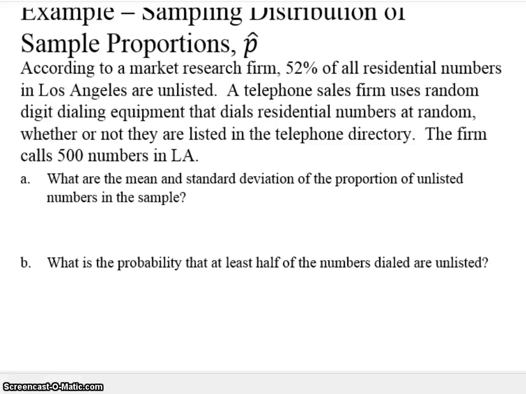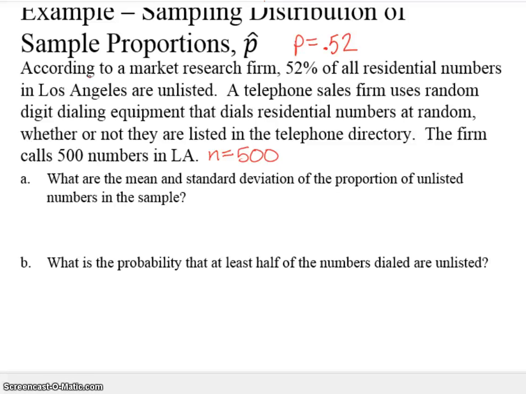So first, let's define what we have here. We are given the true population proportion of 0.52. So p is equal to 0.52. And then here we're calling 500 numbers, so our n is 500. So we want to know what's the mean and the standard deviation of the proportion of unlisted numbers in the sample.